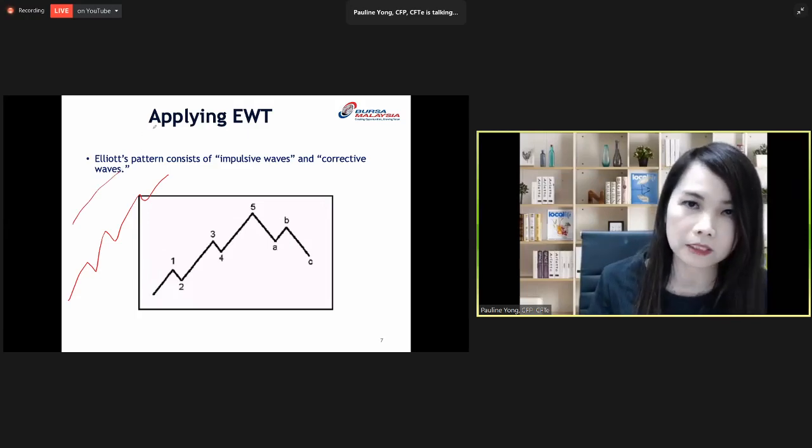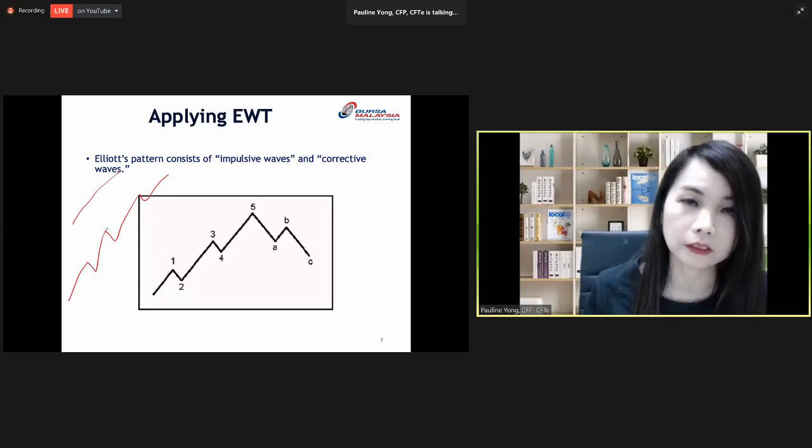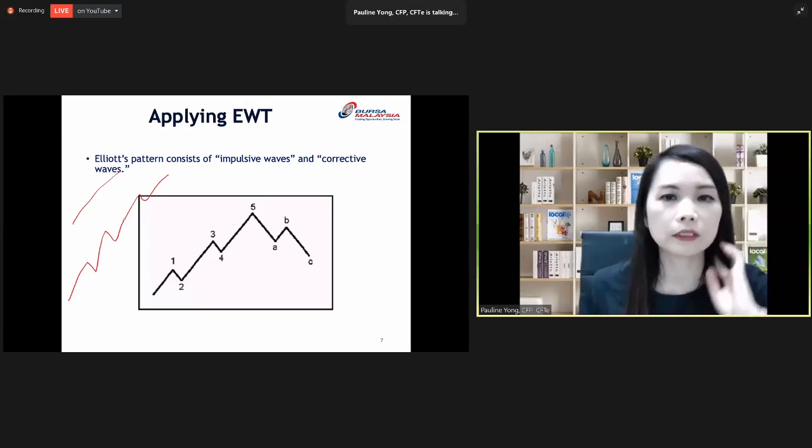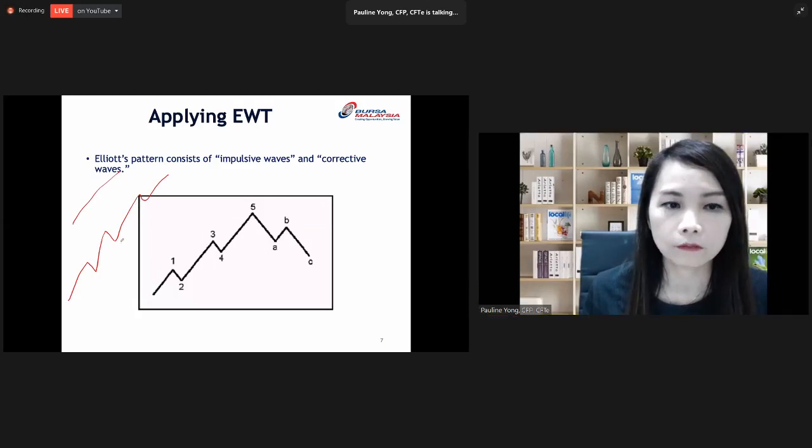There must be a retracement. The retracement part we have done in Fibonacci, looking at how many percent of retracement there is before it continues to move higher, and then you have another retracement, and then it moves higher.